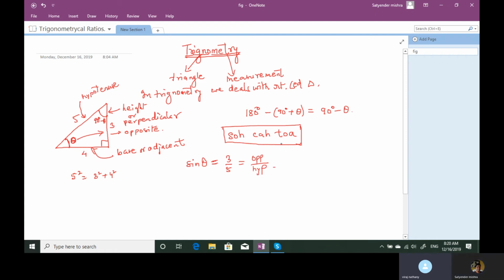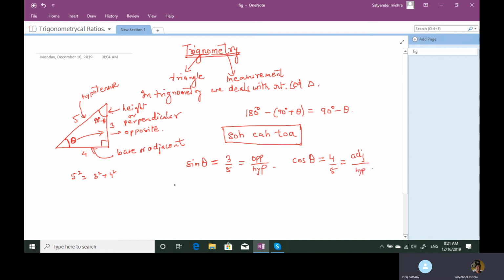Next is CAH. C for cos, cos theta. Cos theta is adjacent by hypotenuse. Adjacent is 4 and hypotenuse is 5, so you can write 4 by 5, or adjacent by hypotenuse.